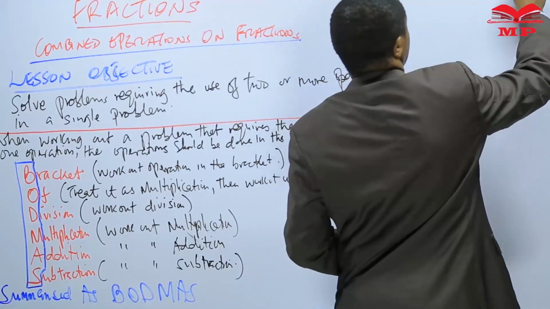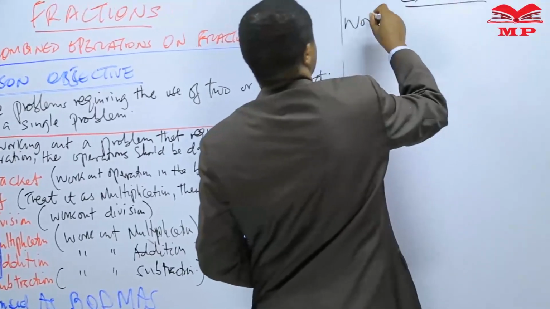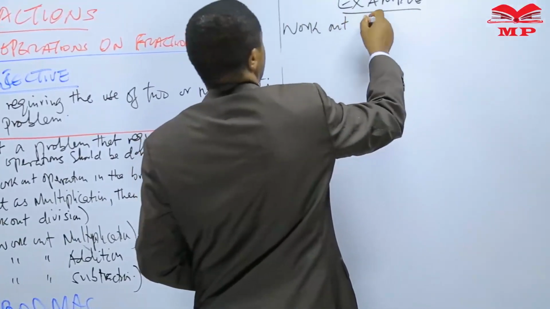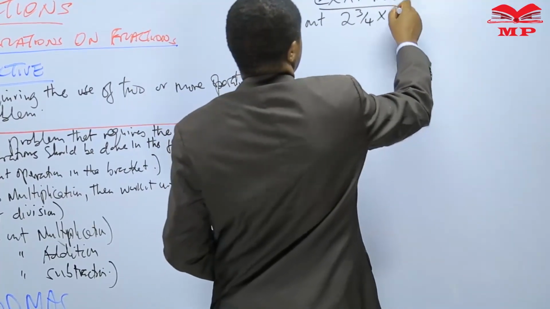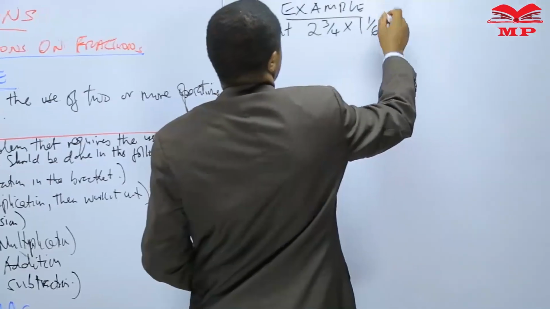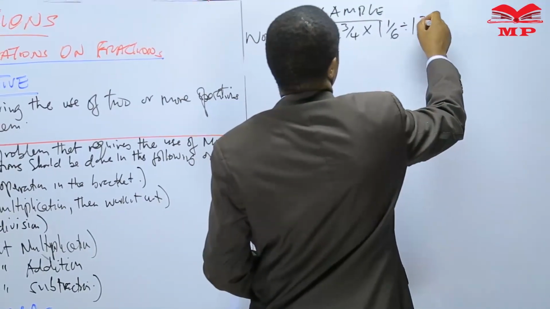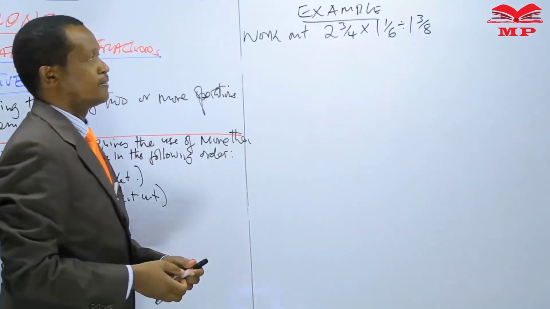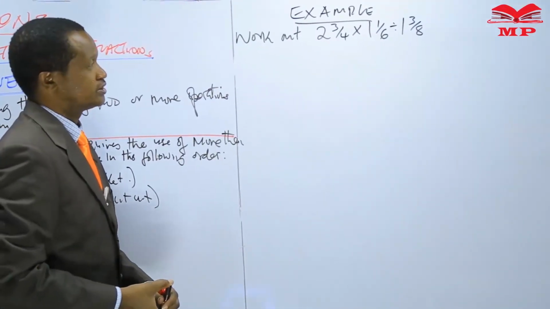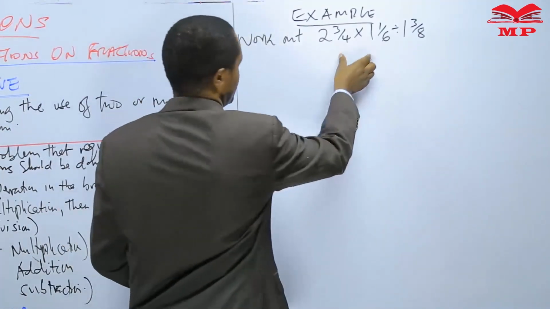Example: work out 2 3/4 times 1/6 divided by 1 3/8. You can see there are 2 operations in this problem.